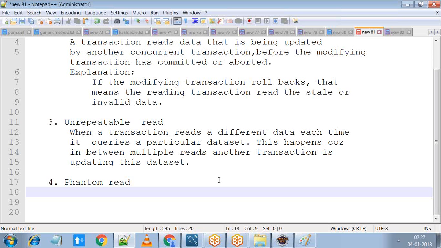Here I can say that it is similar to unrepeatable read itself.